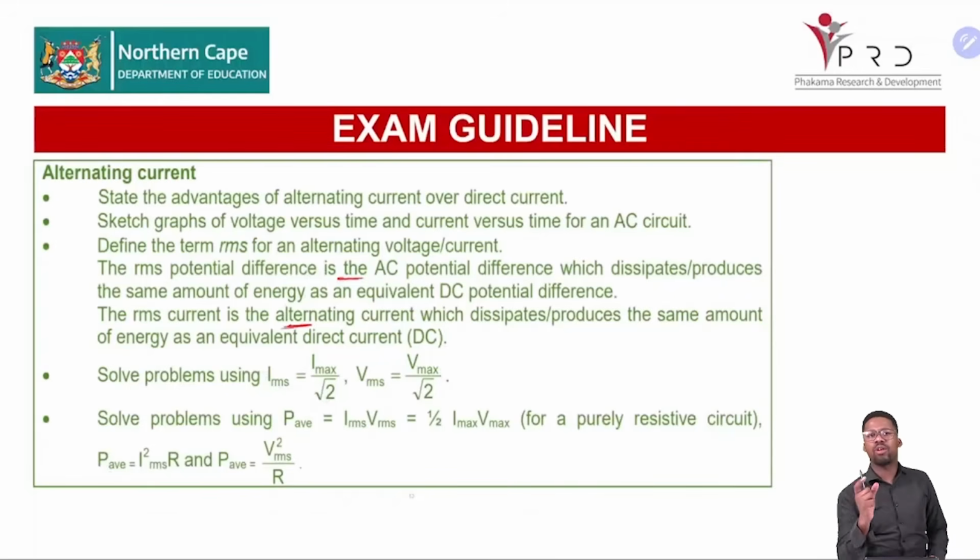So let's make sure that we copy the formula the way it appears from the exam guideline, and also the way it appears from the data sheet. Because the use of a formula is a skill. So you must know which formulas to choose when you deal with question 9, electrodynamics. Which formulas to use when you are dealing with electric circuits. So for electrodynamics, we're including this subscript, small RMS.